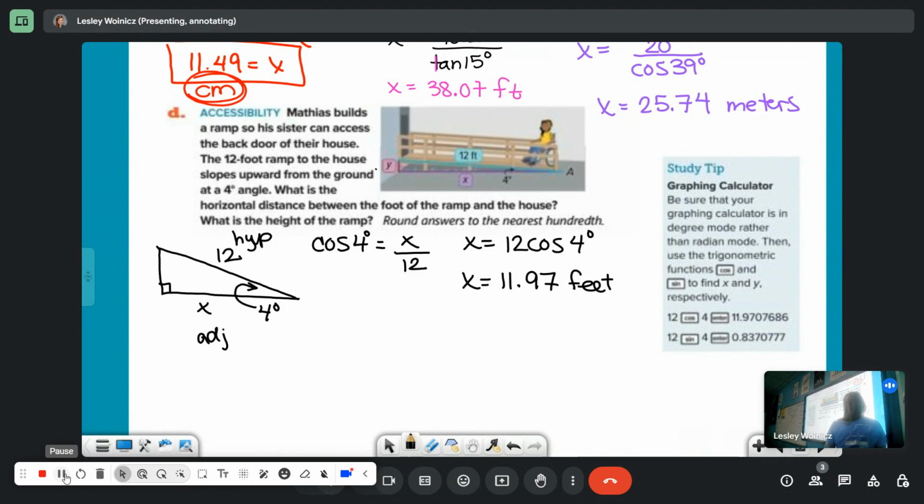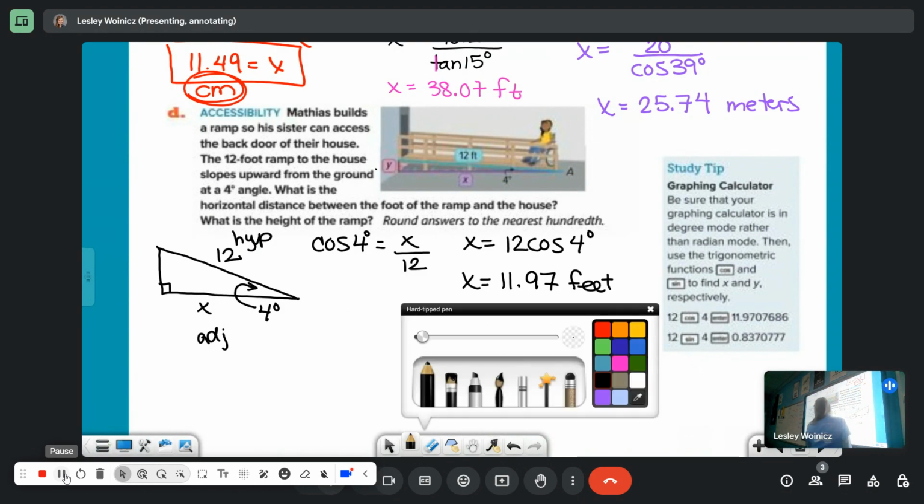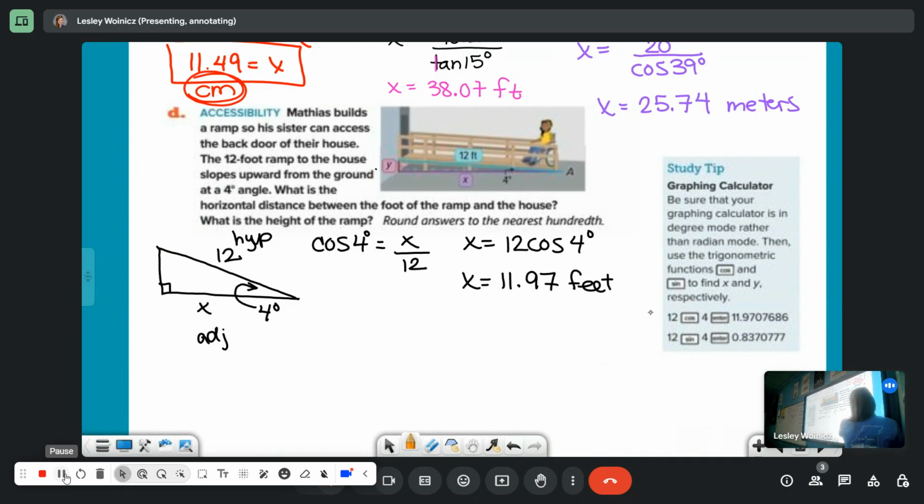All right, what else do we have to find? What is the height of the ramp? Okay, so that's the y. So, x was the adjacent, what is the y? Opposite. Okay, so which ratio am I going to use? The sine, comparing the opposite to hypotenuse. So sine of 4 degrees equals y over 12.